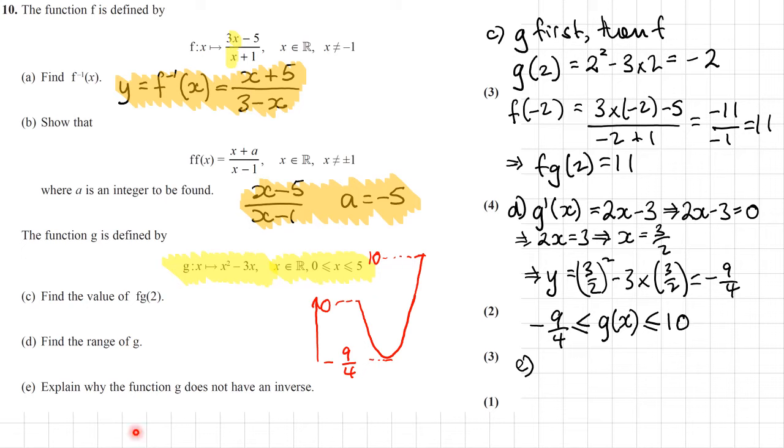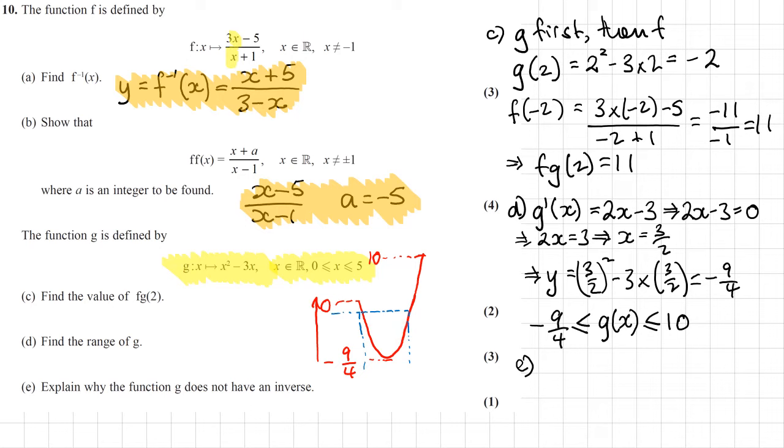Lastly, part E, explain why the function g does not have an inverse. Now, there are different reasons you can give for this, but one reason is that the original function g is many to 1. Now, I've drawn these blue lines in. It's showing you that two different x values give me the same y value. So it's many to 1.